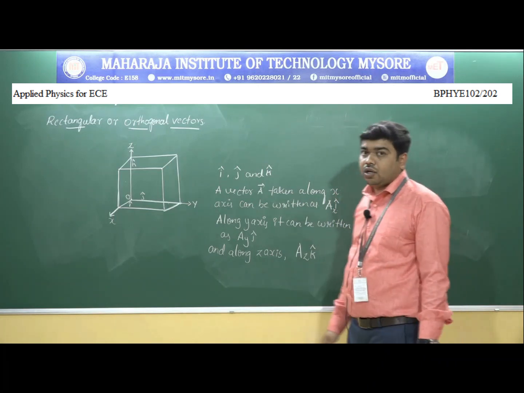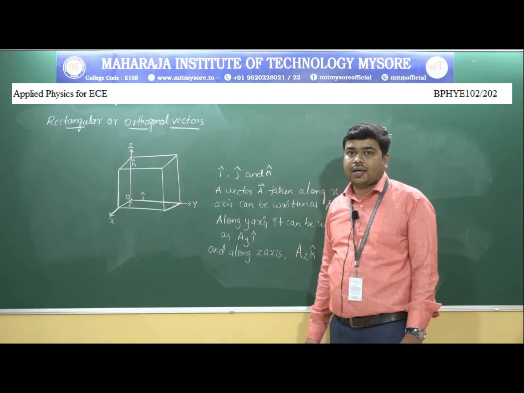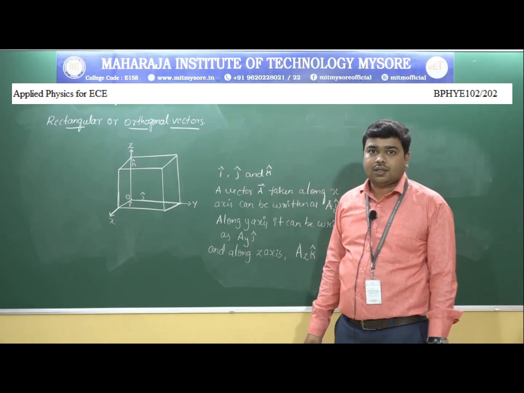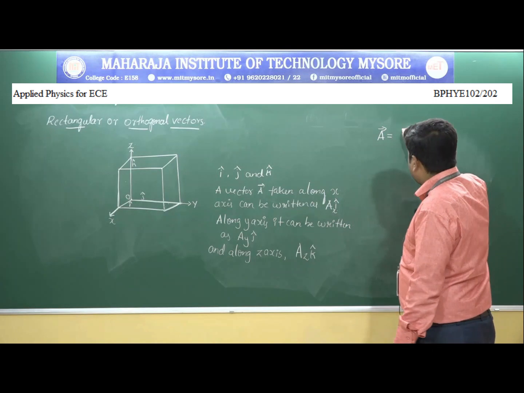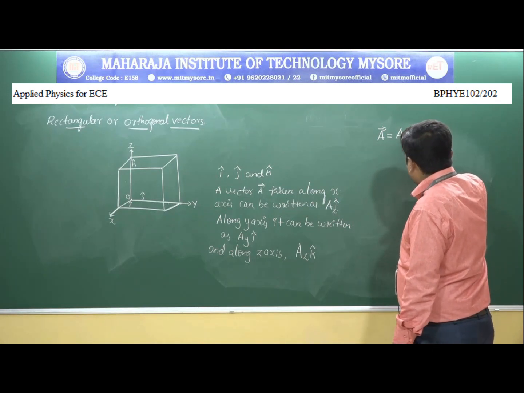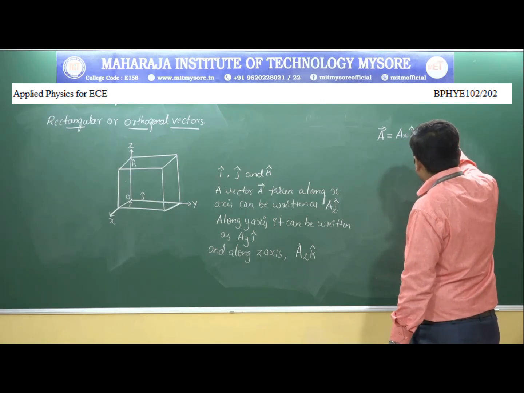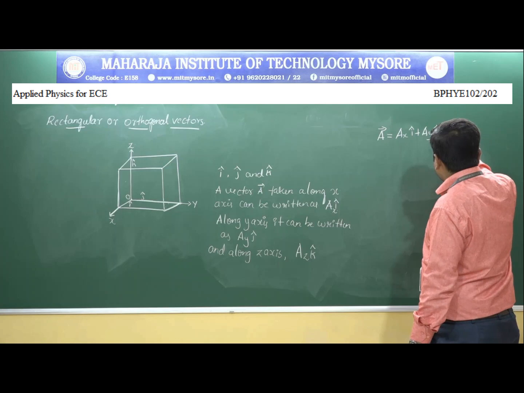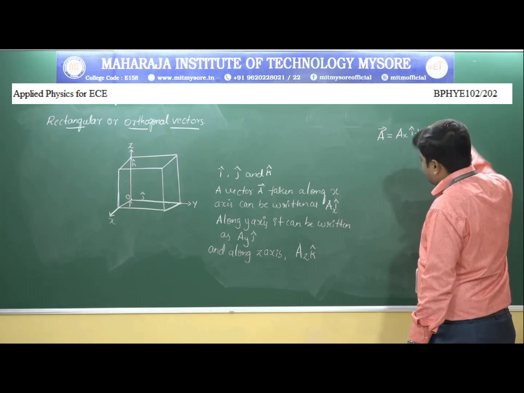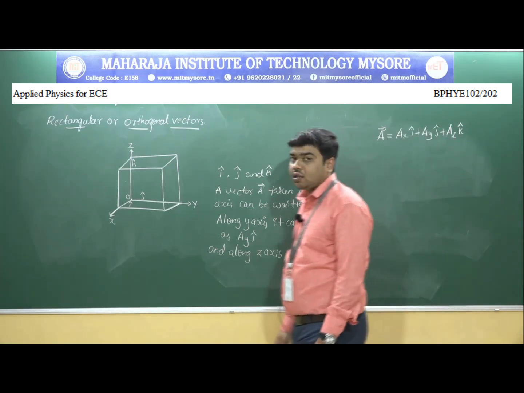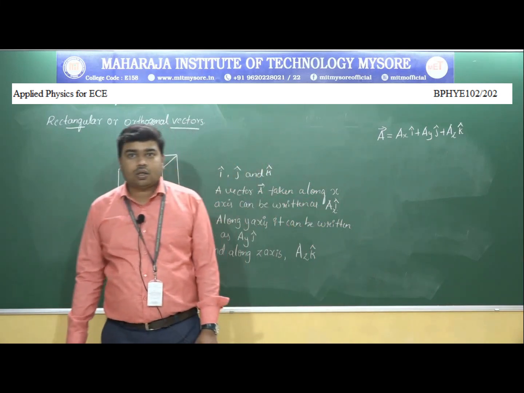Then a complete vector A which has been resolved into its orthogonal components along x axis, y axis as well as z axis can be written as vector A is equal to Ax into i cap plus Ay into j cap plus Az into k cap. So, this is how a vector can be written which has been resolved into its orthogonal components.